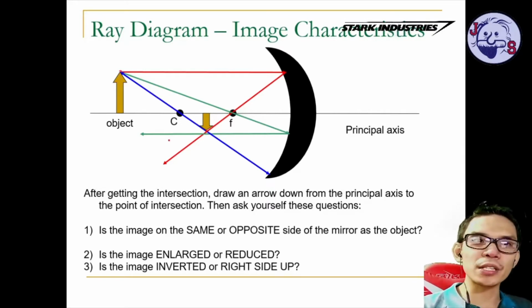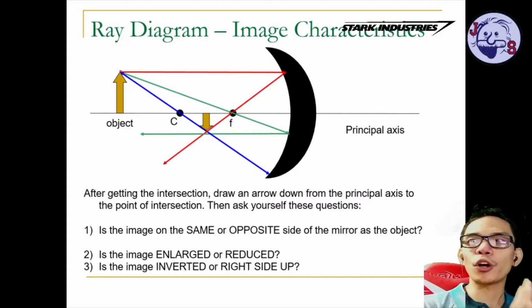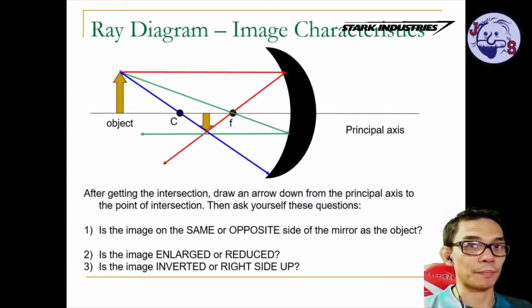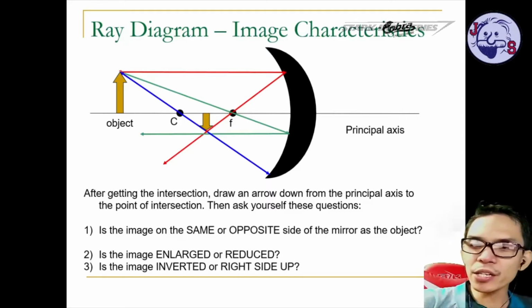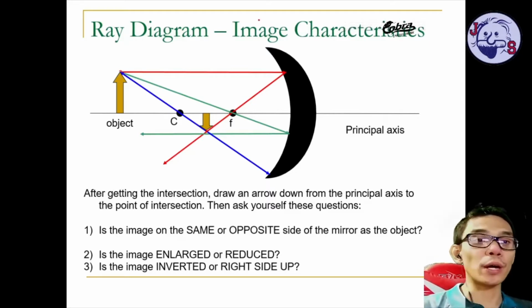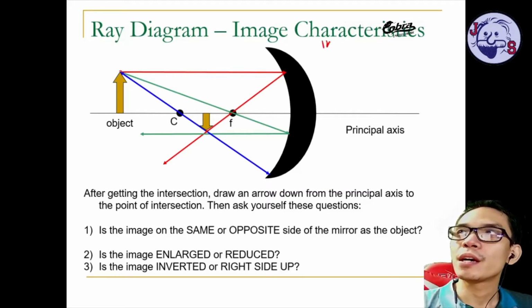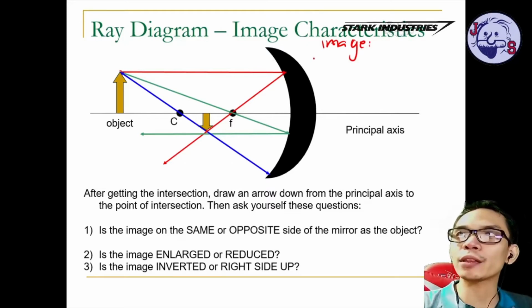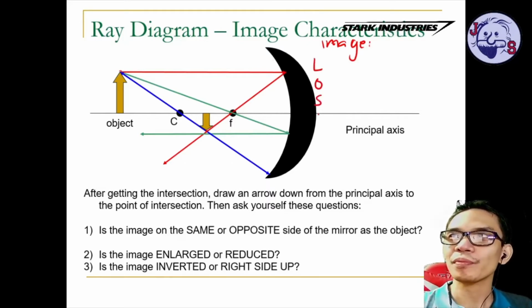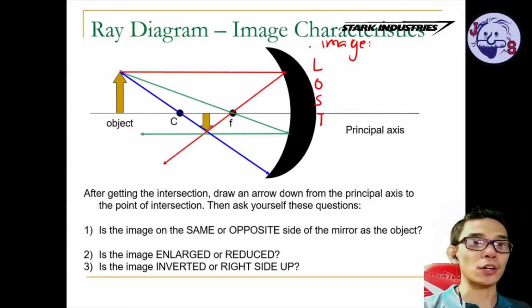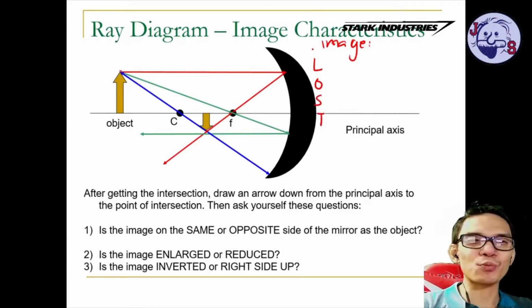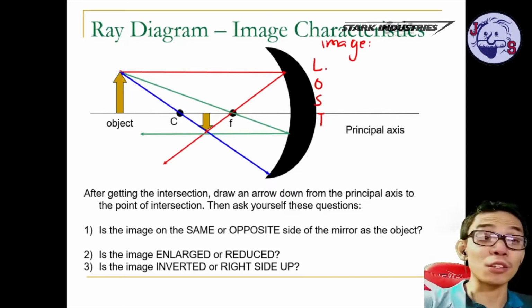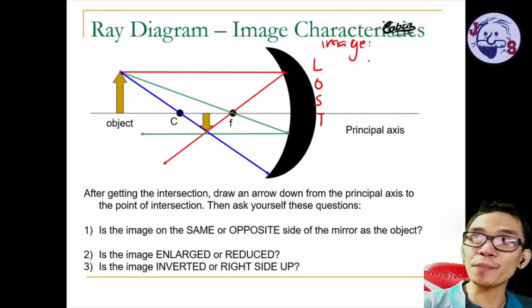Now let's answer the following question. Is the image on the same or opposite side relative to the object? To answer this, every time that you do a ray diagram, don't forget the LOST of the image. What do you mean by LOST? L means location, the location of the image.